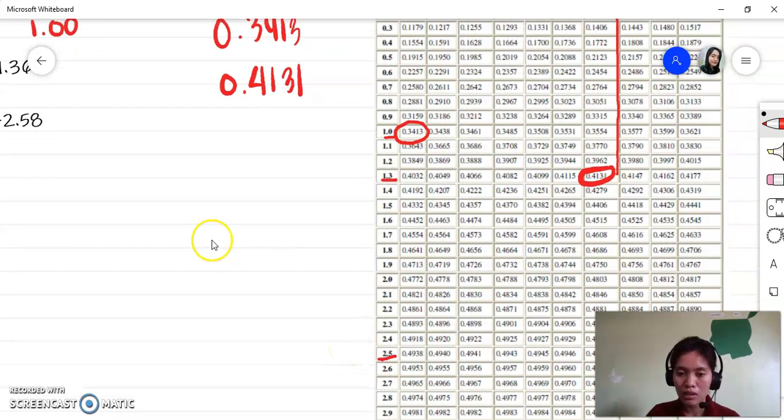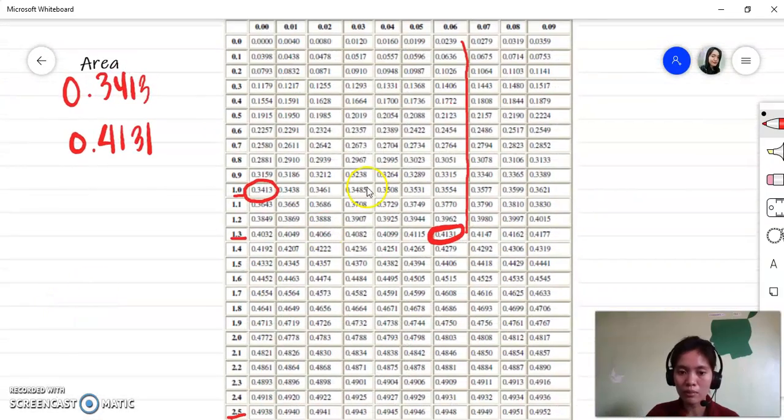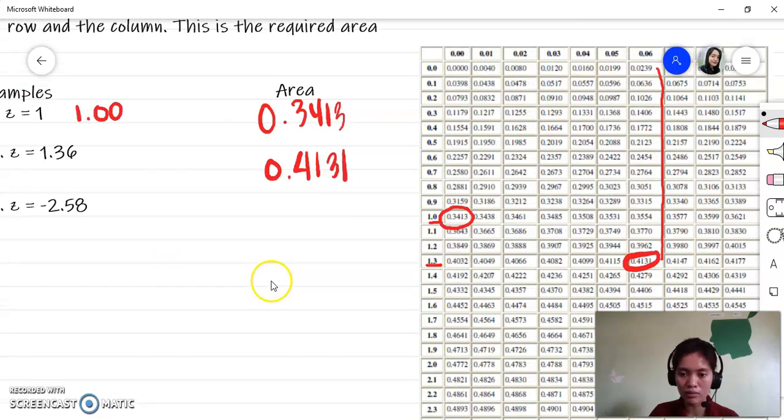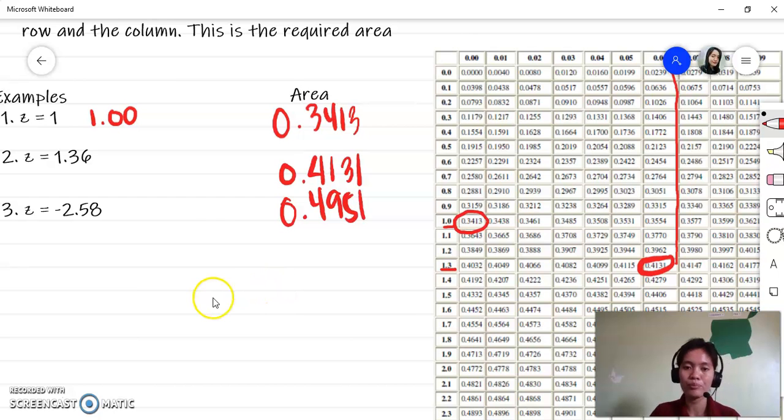Then look for 8 in the right column. So the area is 0.4951.